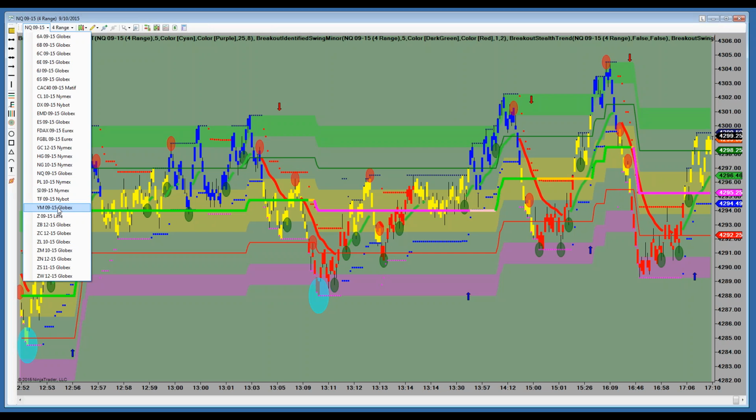So a 30-tick move on TF, the Russell, would be $300, right? That same 30-tick move on a $5 instrument like Mini Dow YM would be $150.